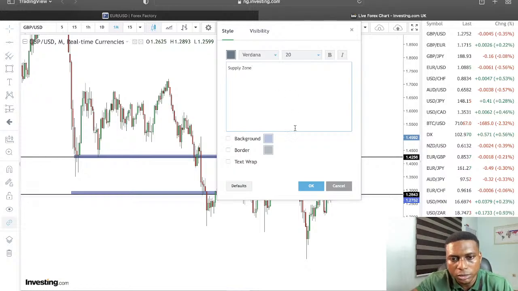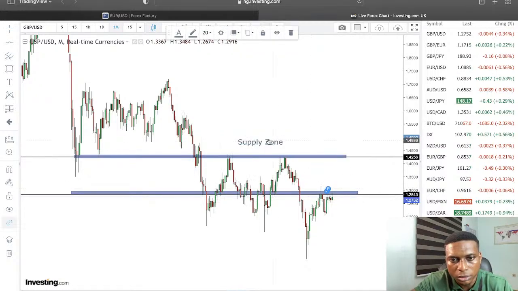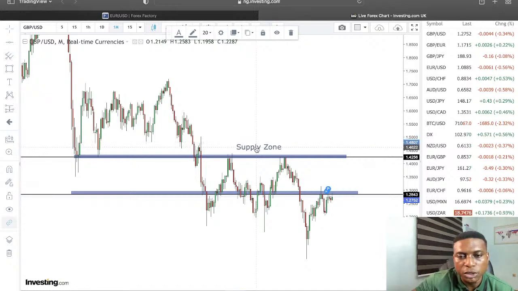Call this level the supply zone. The supply zone is the sell zone. It is the level where price gets to and gets pushed back.